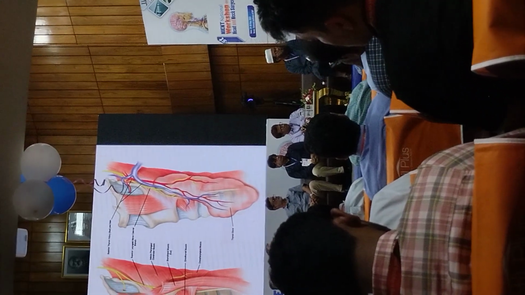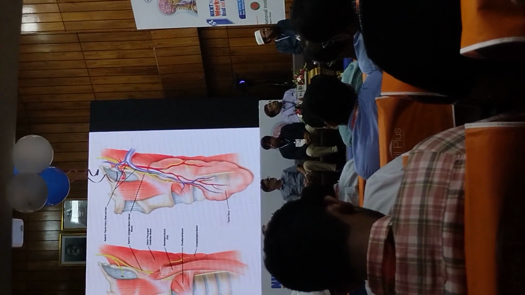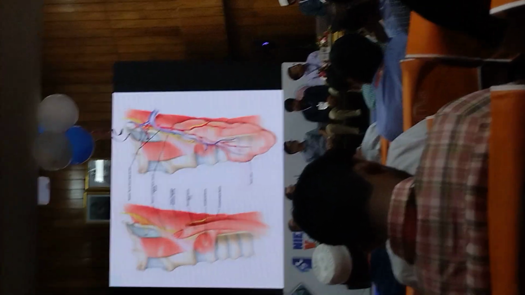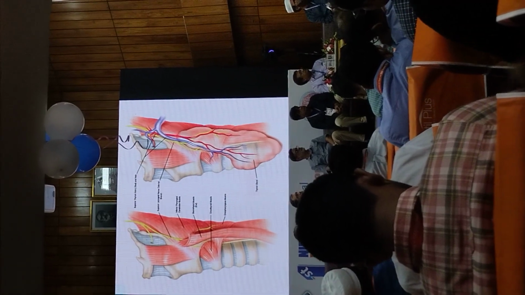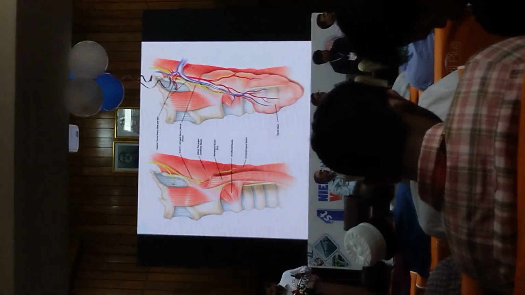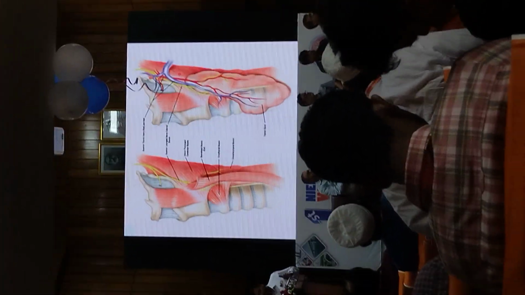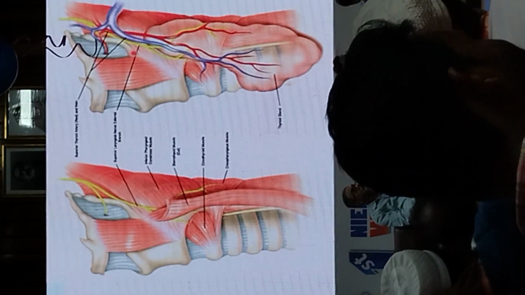One is the internal, another is the external. The internal one goes to the larynx along with the superior laryngeal vessels, and the external branch, see here, goes down, takes a course with the superior thyroid vessel, keeping from lateral to medial. So in the upper part of the thyroid, the vein is more lateral than the artery and the nerve.